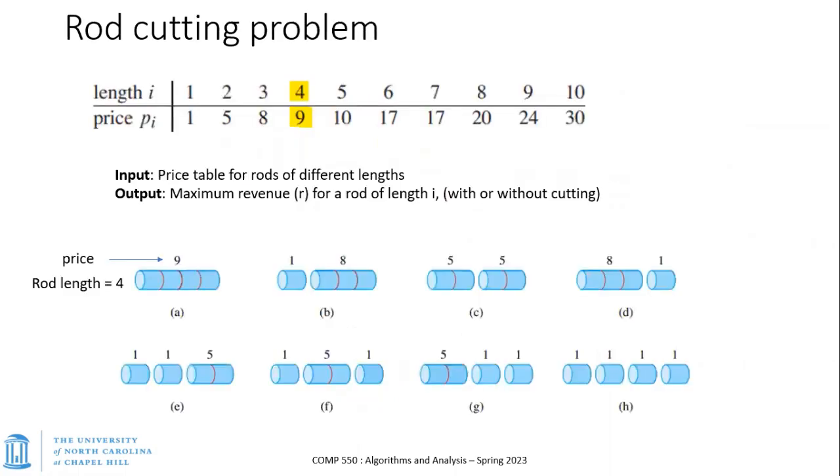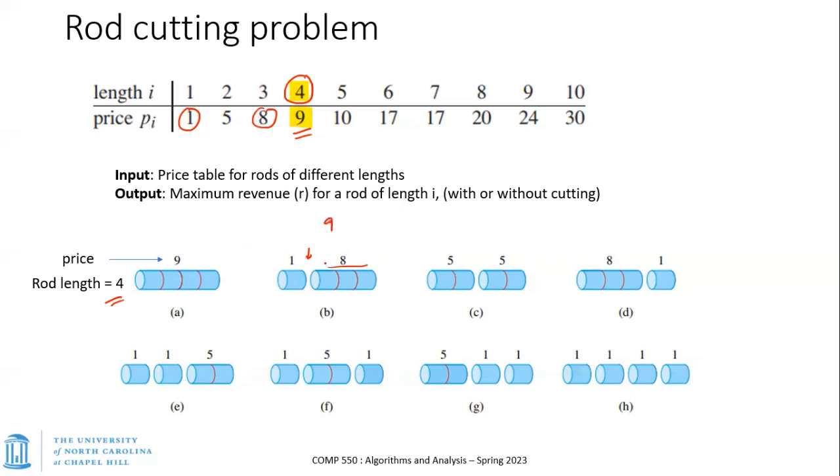So this is another illustration of the problem. For example, if you had a rod of size 4, you could have no cuts, and the revenue from that particular rod would be just 9. But if you cut it up into a piece of size 1, with a price of 1, and a piece of size 3, with a price of 8, that would be 8 plus 1, 9.